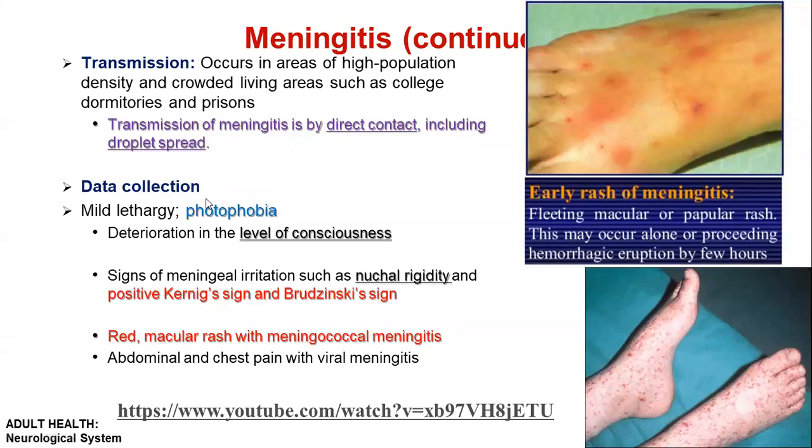Some patients complain of photophobia, they do not tolerate sunlight, or the level of consciousness is reduced. Or we can see nuchal rigidity. The neck rigidity we call nuchal rigidity.